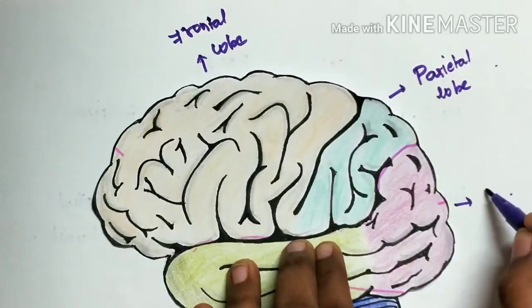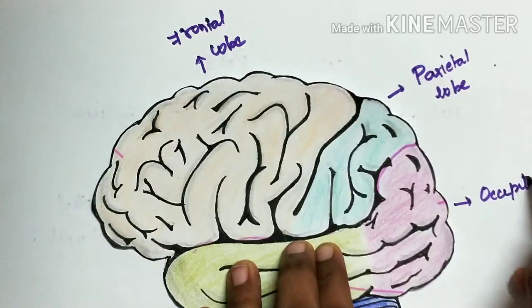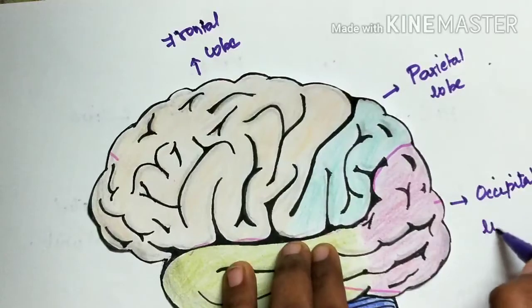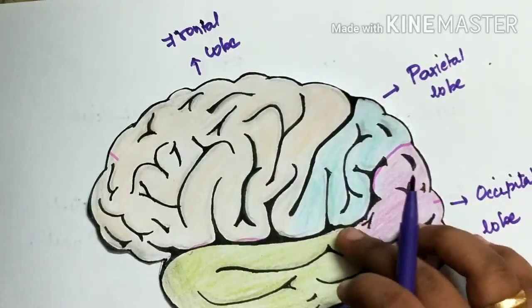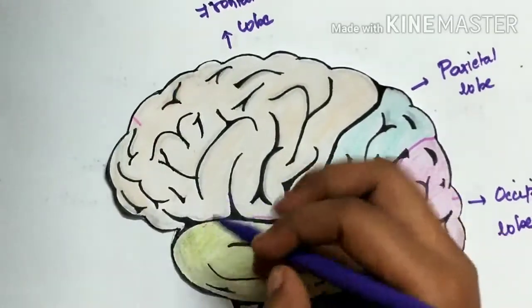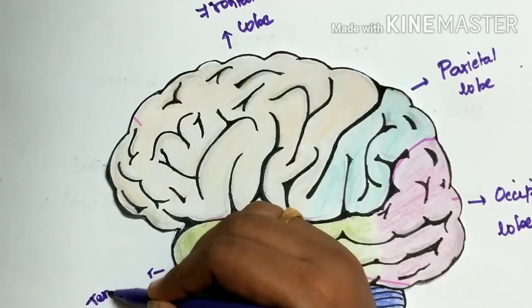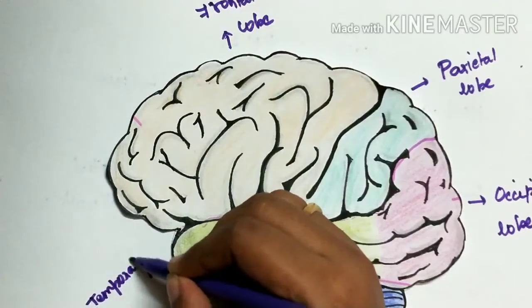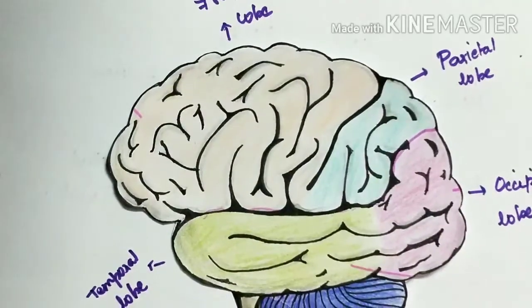Next comes the occipital lobe, the ocular cortex, responsible for visual perception, at the back. Then on the lateral side you can see the temporal lobe, which processes auditory impulses.